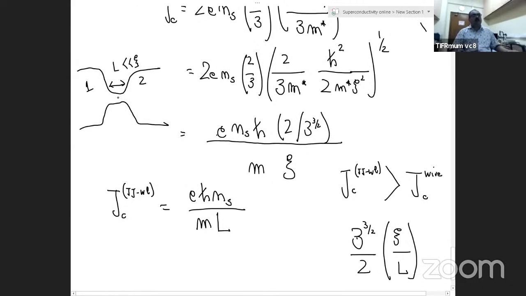And then the critical current of the wire, if this was just a wire, should have been exactly the same as what we have derived here. But it is not the case, because in the case of a Josephson junction, these two large reservoirs provide a robustness on this weak link, and because of that, the critical current of the Josephson junction is larger than the critical current of the wire.